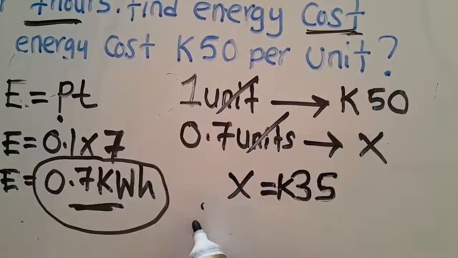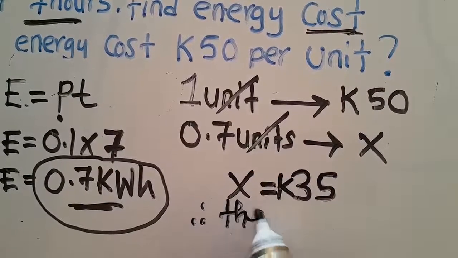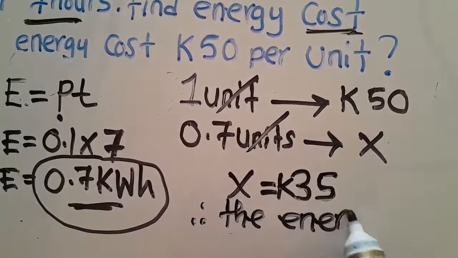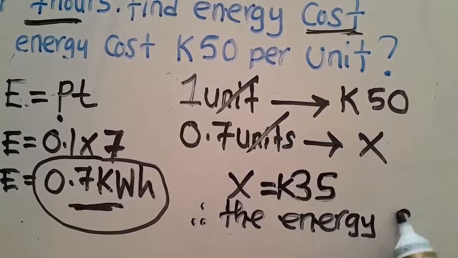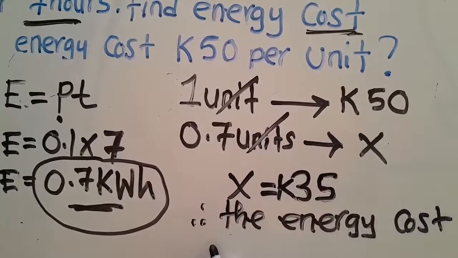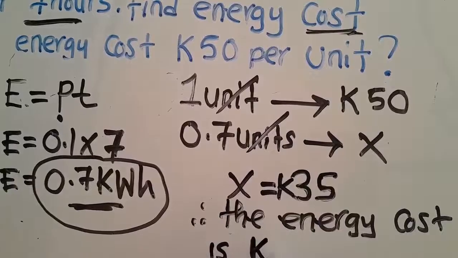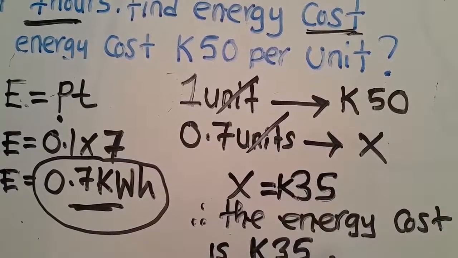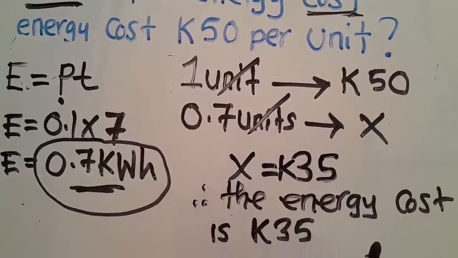So this is your conclusion. You just say, therefore, the energy cost is 35 kwacha. So this is your answer. If you want, you can put 0.00, but it's fine leaving it like this.